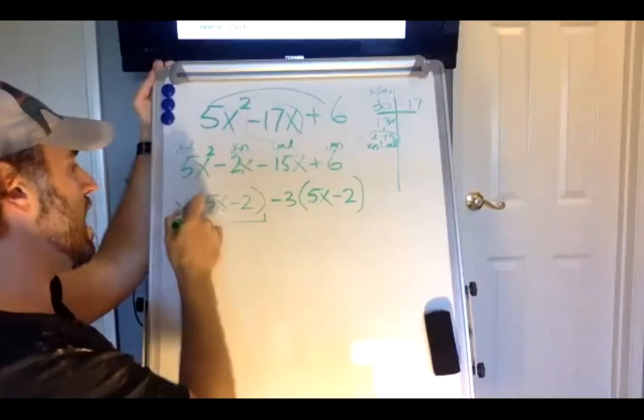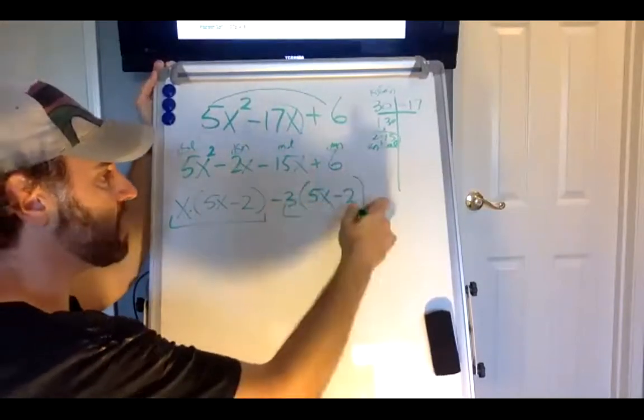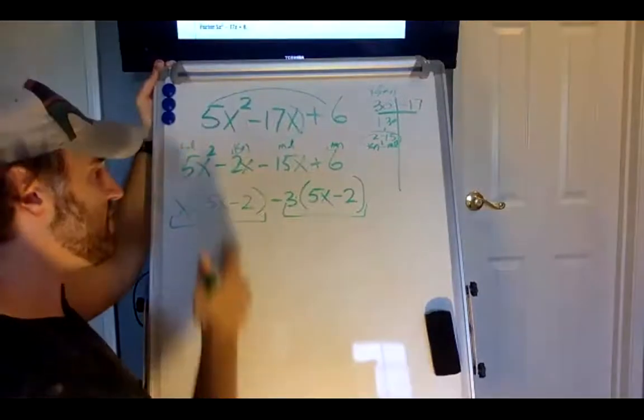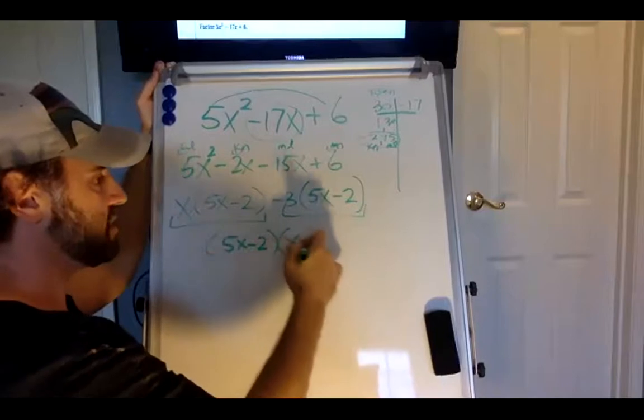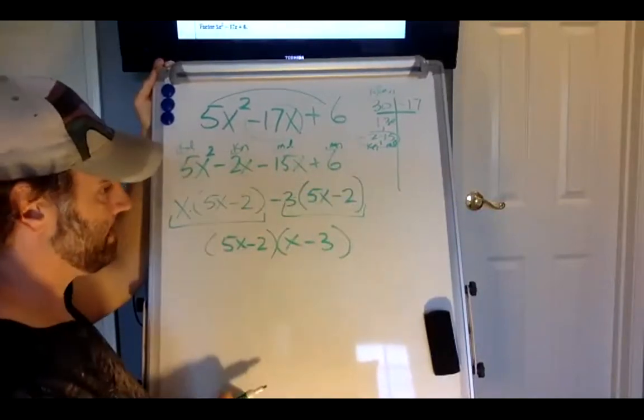In this product minus this product, 5x minus 2 is in common. X minus 3 is the other factor. So Mr. Rosenthal, that's what you have to do.